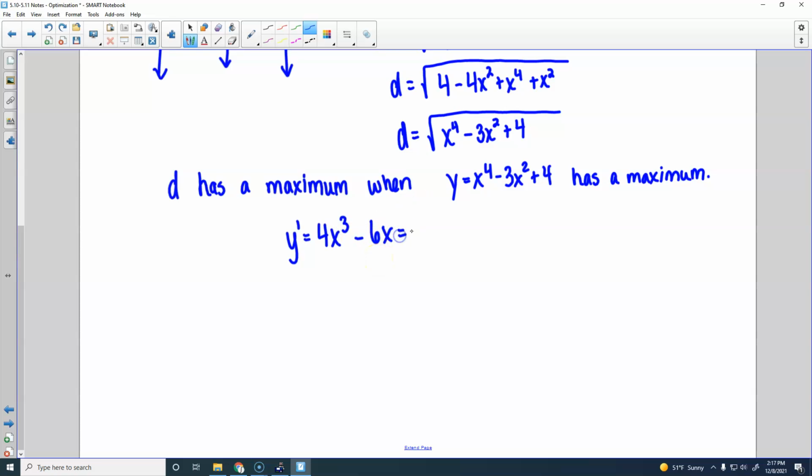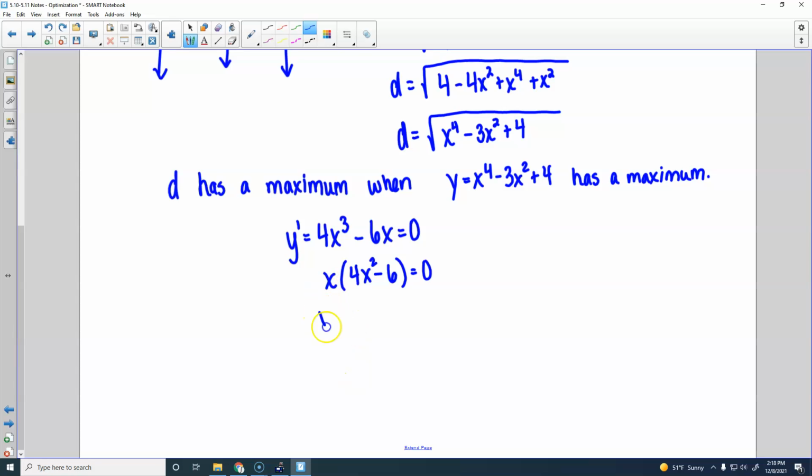We will set that equal to 0, and factor out the x. You could take a 2x if you want to, yeah.